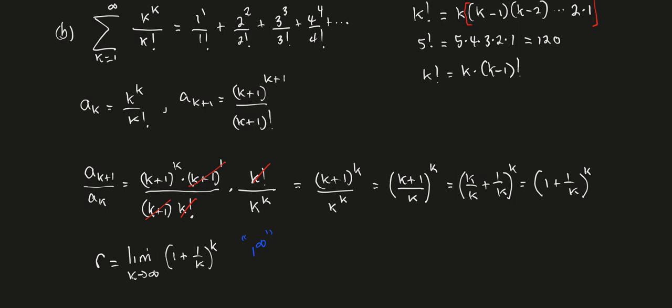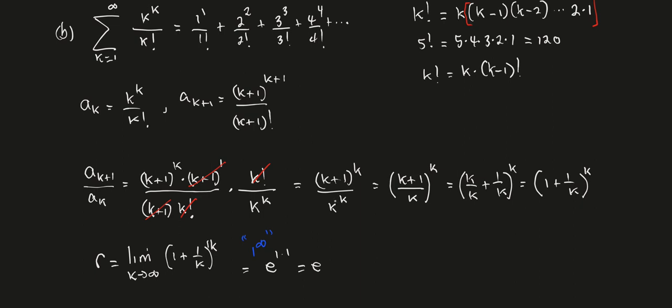All right, so let me fix my k here. Taking this and identifying this as a, and the coefficient of k here is also 1. So this is e to the 1 times 1. So that is e.